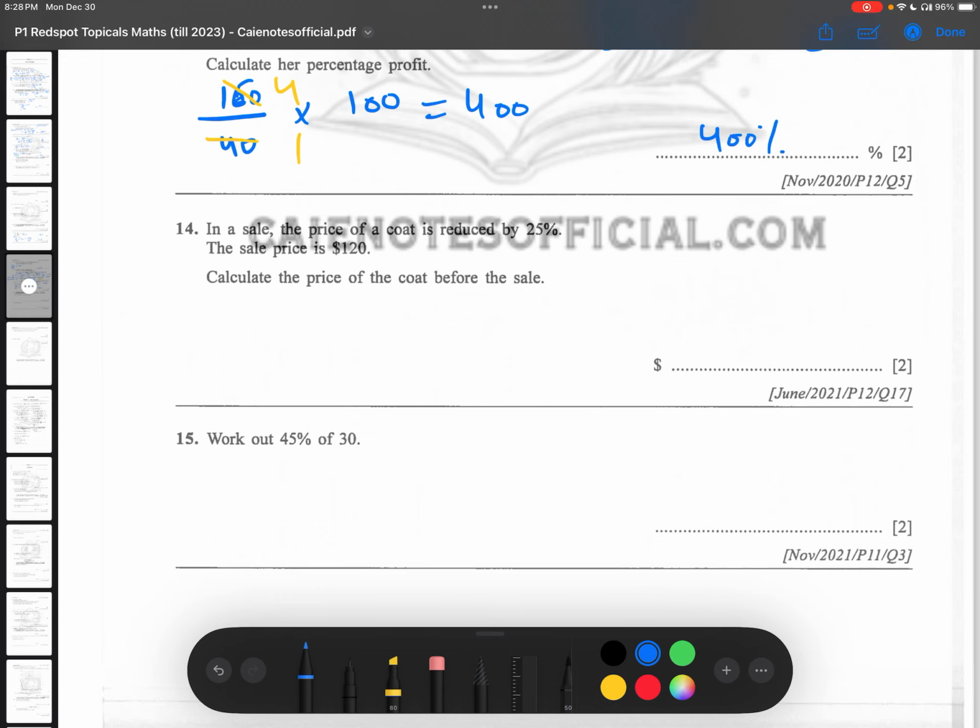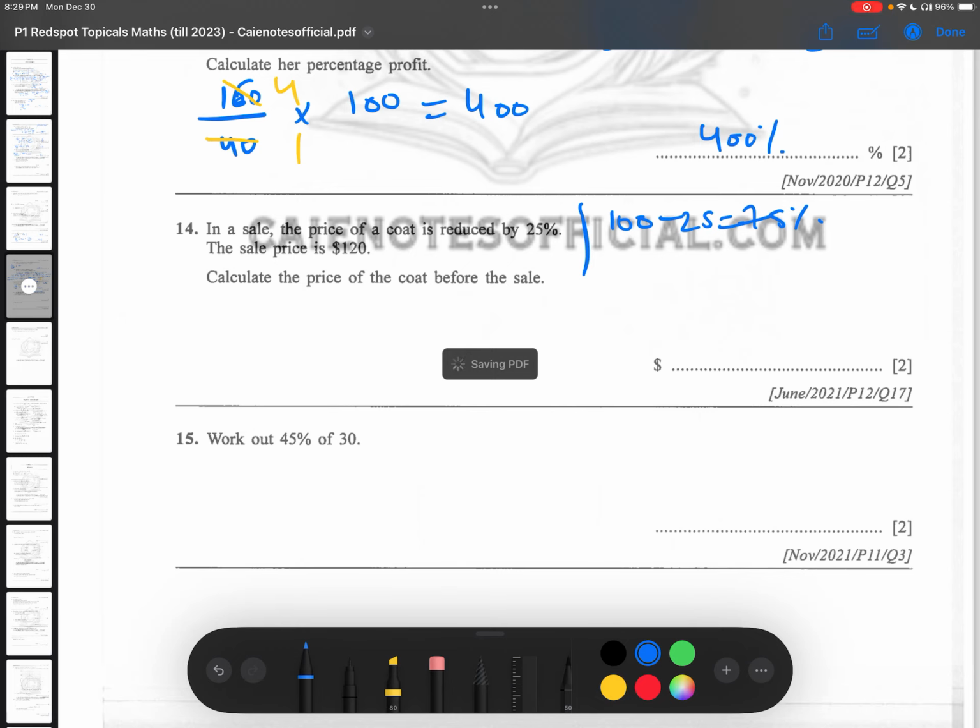So when the price of the coat was reduced by 25%, it means the price became 75% of the original price. The coat was sold at 75%, and that sale price is $120.